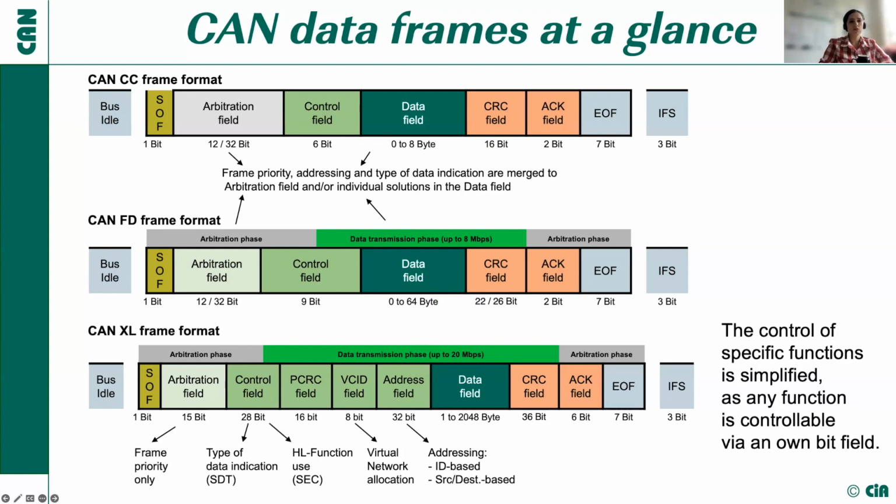In the control field we have the new SDT, the data type indication, and also higher layer functions such as SEC and PCRC, virtual network allocation, and also the address field. We can have ID-based and source-destination-based addressing.